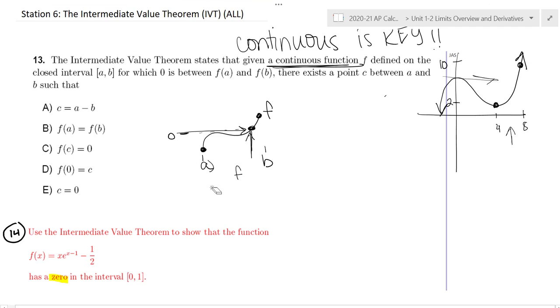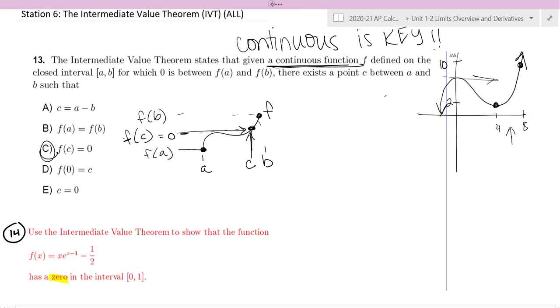The output would be f of a. So if we have a here, this output would be f of a. This output would be f of b. So we're saying that there exists some value such that this output is 0. So I'm going to say here that f of c equals 0, so we'll call this point C, which lies here. And when I input c, that's going to give me an output of 0.